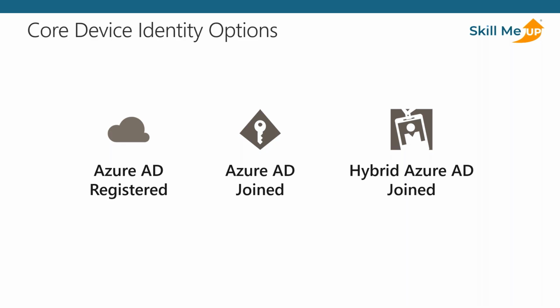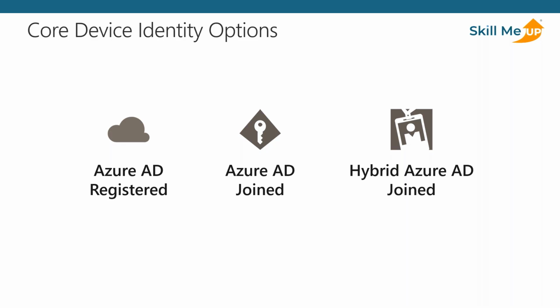For example, I have an Azure AD tenant, but I don't have an on-premises domain, but my laptop is Azure AD joined. So instead of it being registered as just a device, it's fully joined and managed inside Azure AD. This means I can perform cloud-based management of the device, and users can sign in to their devices using their work or school accounts.